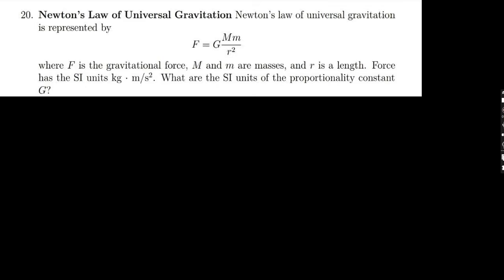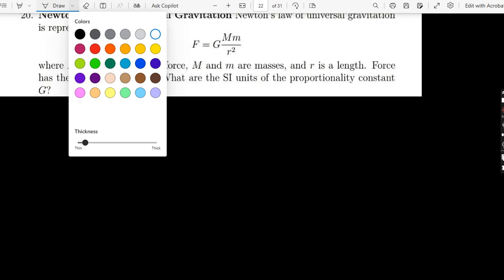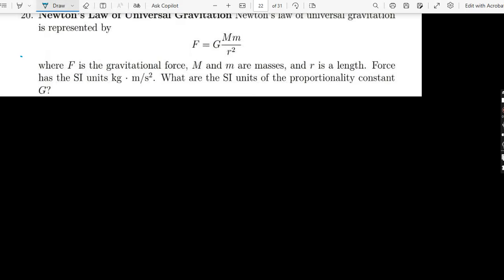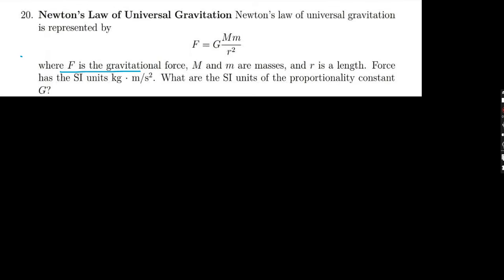So now here Newton's law of universal gravitation is given by this formula. Let me change the color so that I may be pointing clearly. Our F is gravitational force, M and M are masses, and R is length.